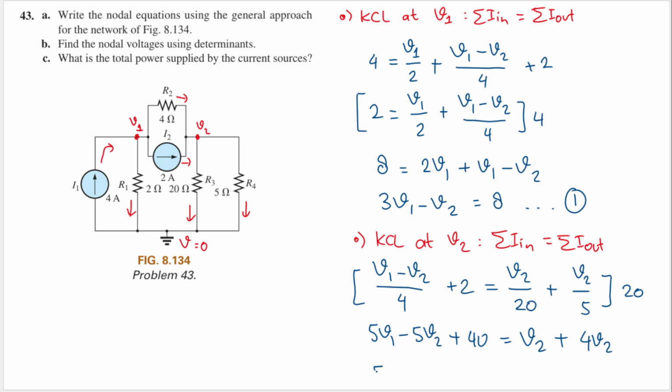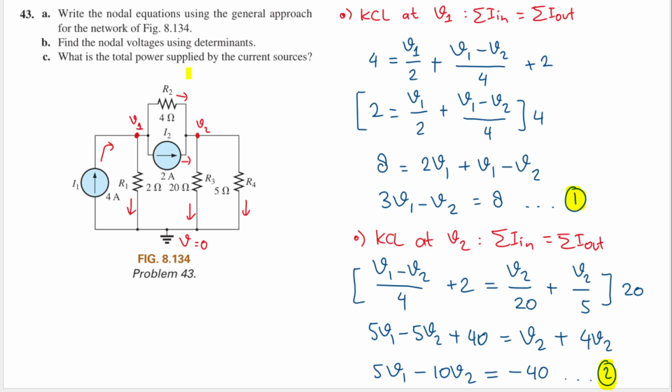I will have 5V1 minus 10V2, and moving the 40 to the right hand side I will have minus 40. We have two equations and two variables, equation 1 and equation 2. That is the answer for question A.